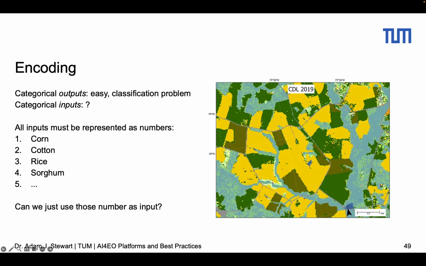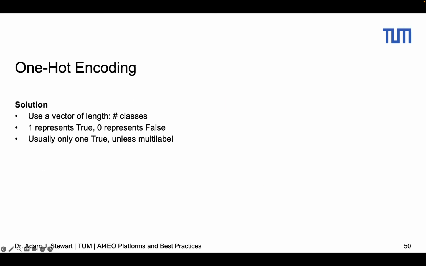Rice minus cotton is not equal to corn, right? Rice is not larger than or greater than cotton. So these numbers don't have any order, they don't have any magnitude, they don't have any meaning. These are categories. The numbers are really just there to represent them. So we cannot directly input these numbers as is. The model will be very confused and it will not work, and I have learned this from experience, trust me.